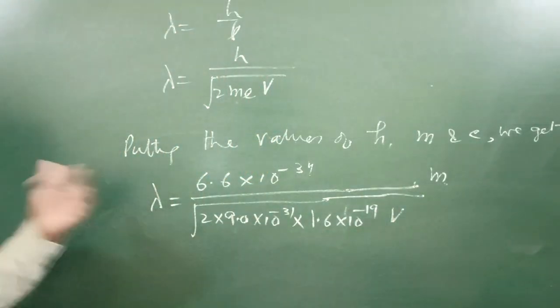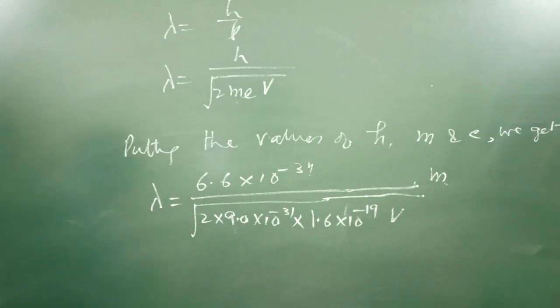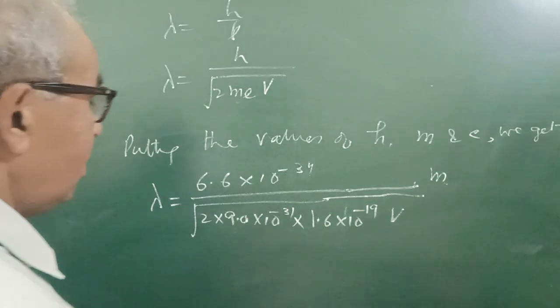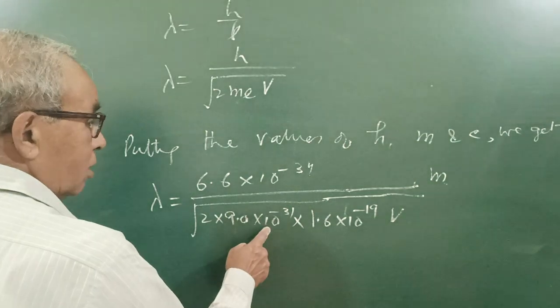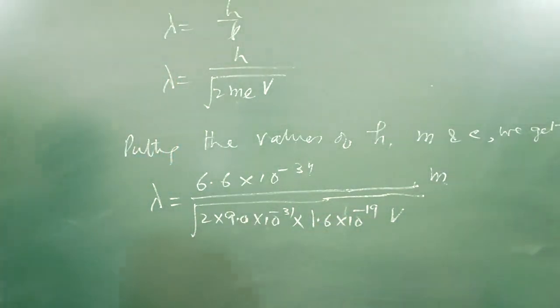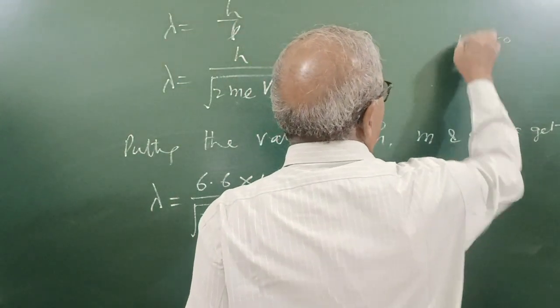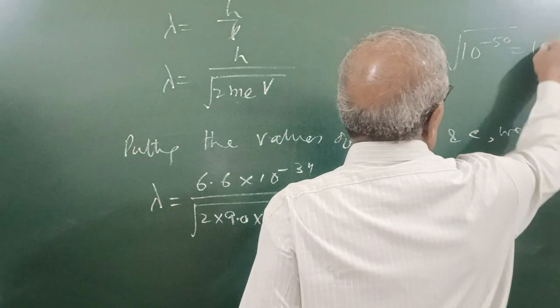Students get confused when they find such calculations, but it is very simple. 10 to the power minus 31 and 19 power become 10 to the power minus 50 under root, which is 10 to the power minus 25.